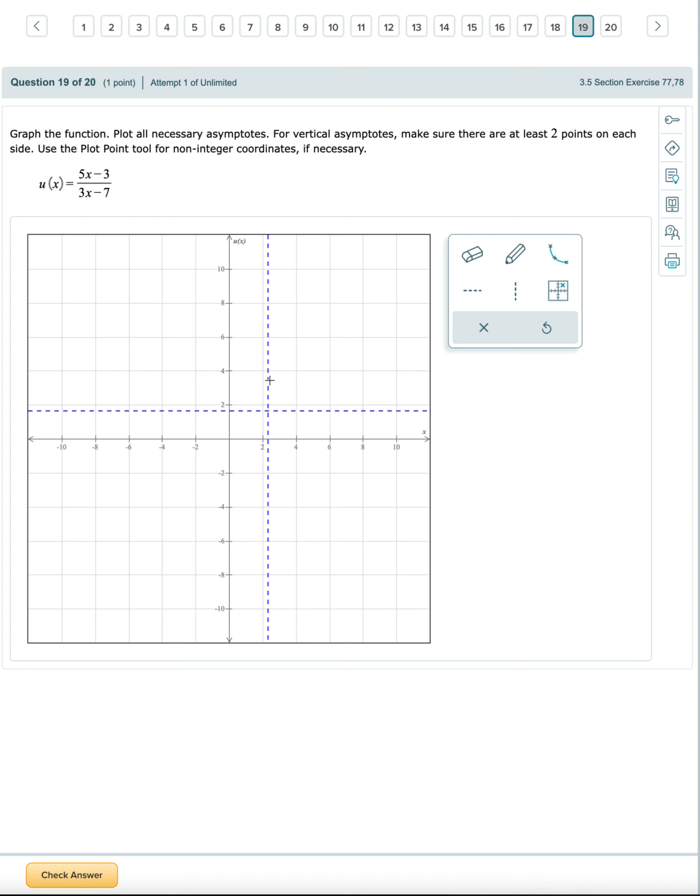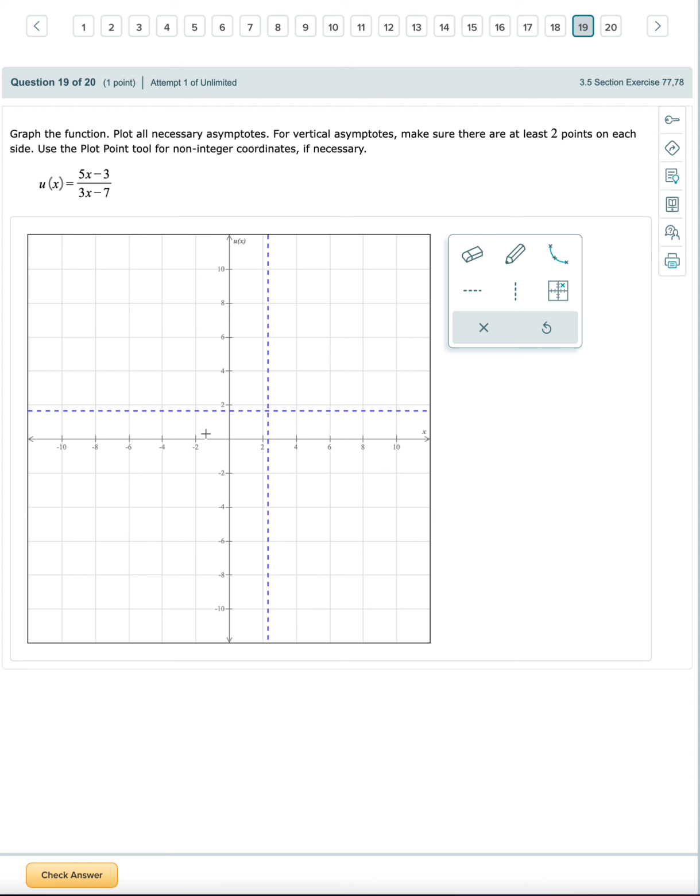So what I like to do is look at my function and see if there's a point that might be kind of easy to use. And I think we should go ahead and let x equal 0 and let x equal 1. And that will give us 2 points on this side of the vertical asymptote. So when x is 0, you can see y is 3/7.